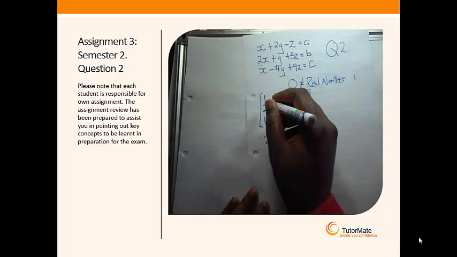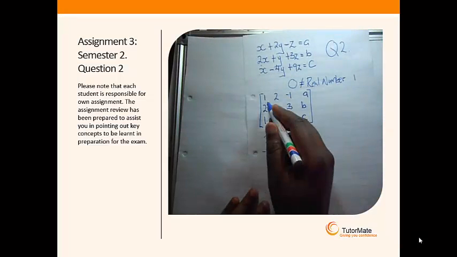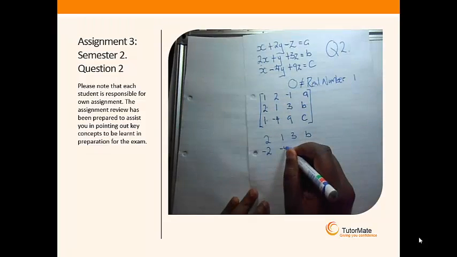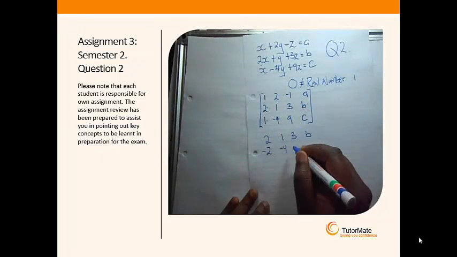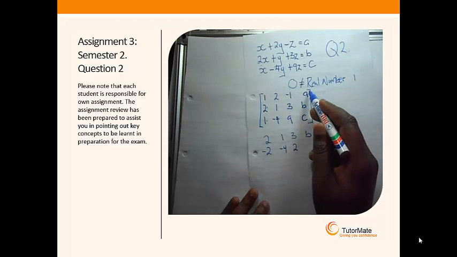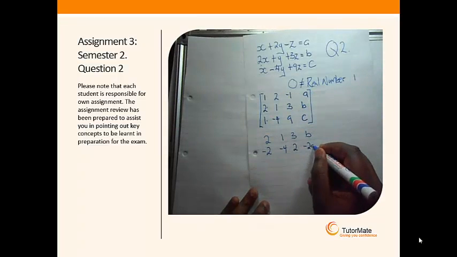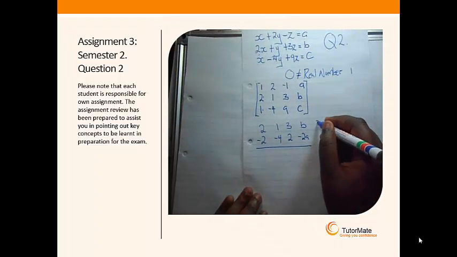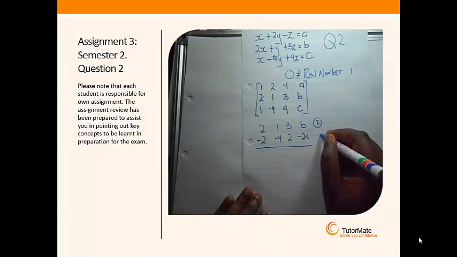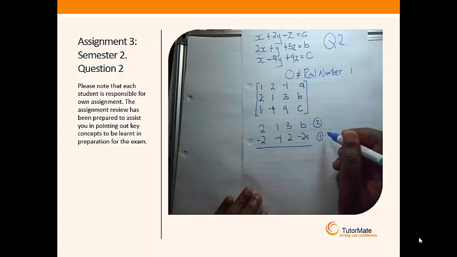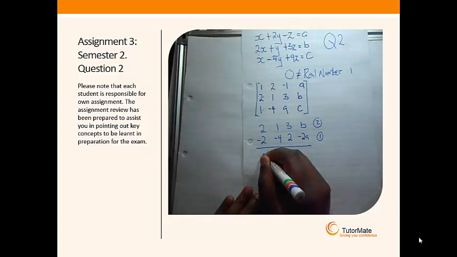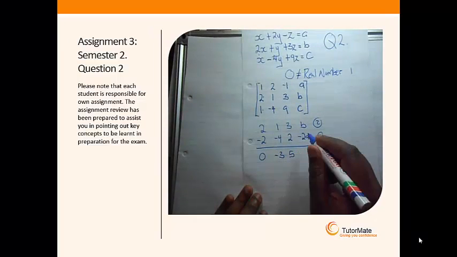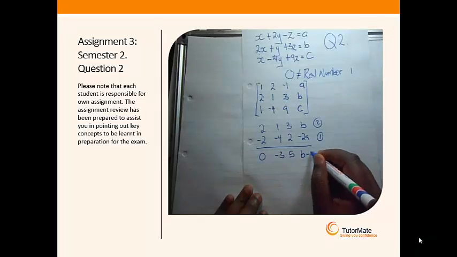Minus 2 times 1 equals minus 2, minus 2 times 2 is minus 4, minus 2 times minus 1 is 2, minus 2 times a is minus 2a. If you add your second row to the first row multiplied by minus 2, you get 0, minus 3, 5, b minus 2a.